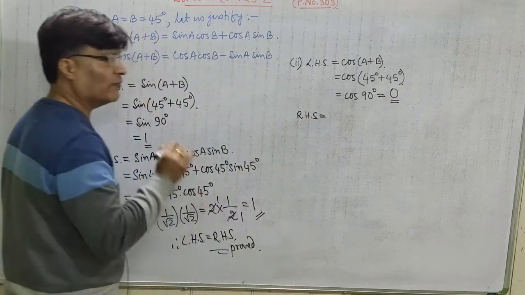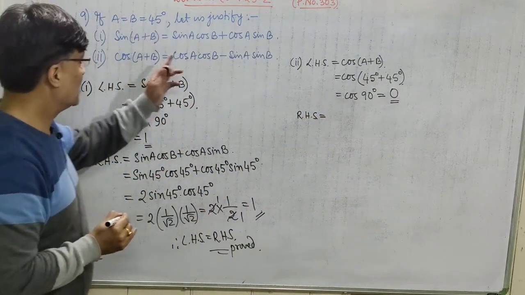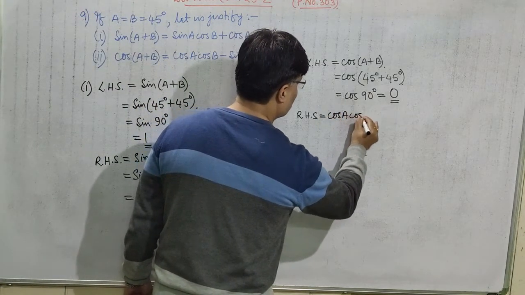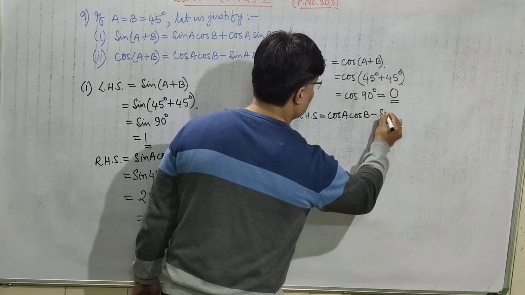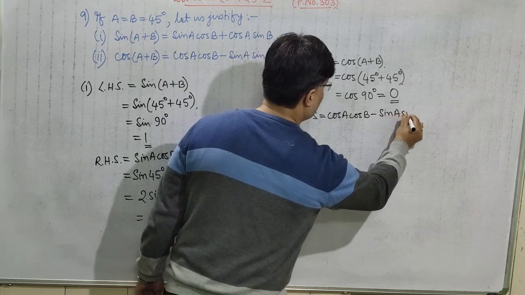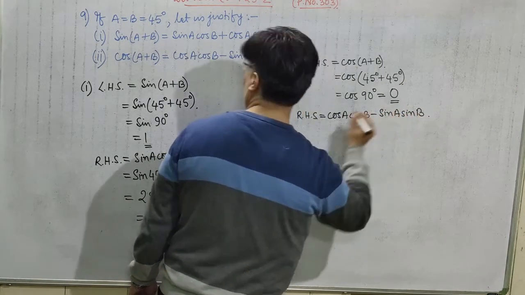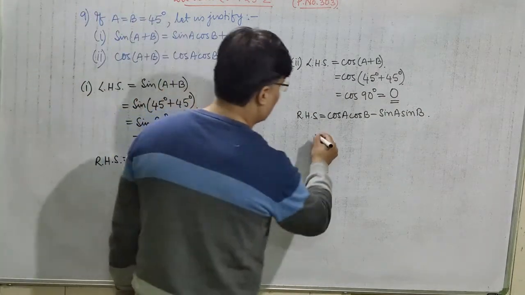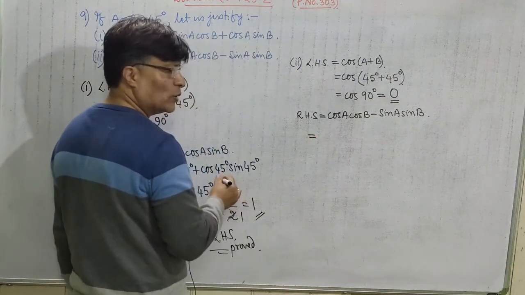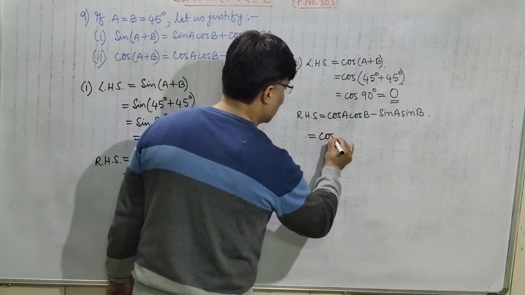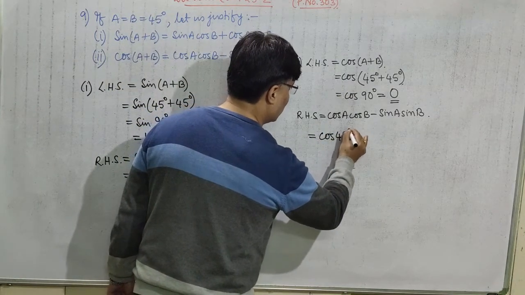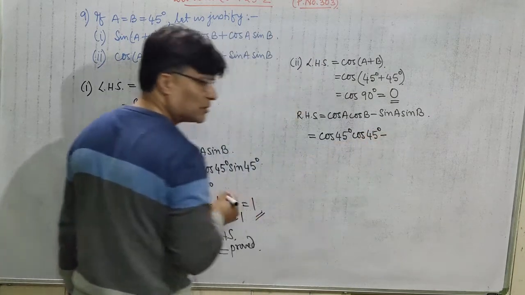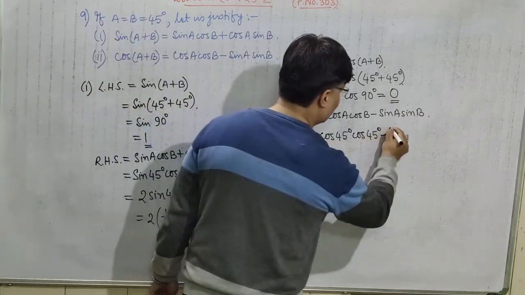So let us find out the value of the right hand side. It is cos A cos B minus sin A sin B, right? So what is cos A? A here is 45, so cos 45 degrees. This is also cos 45 degrees, minus, what is sin A?